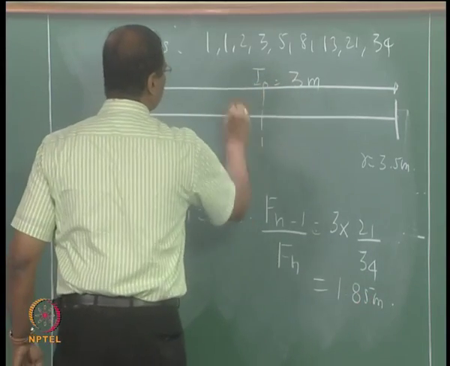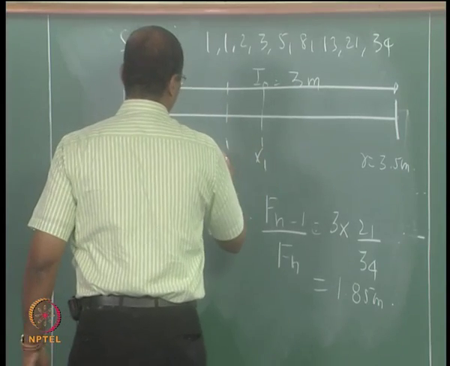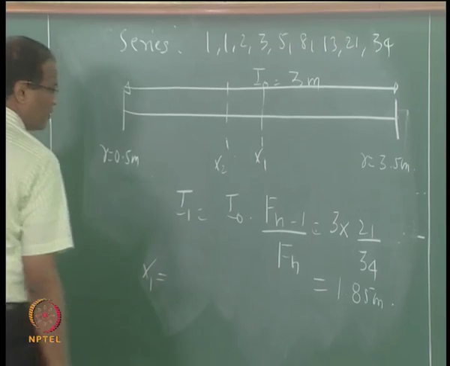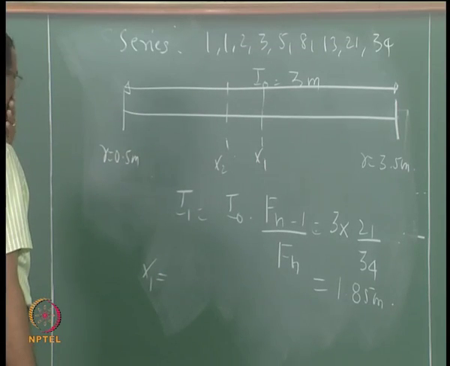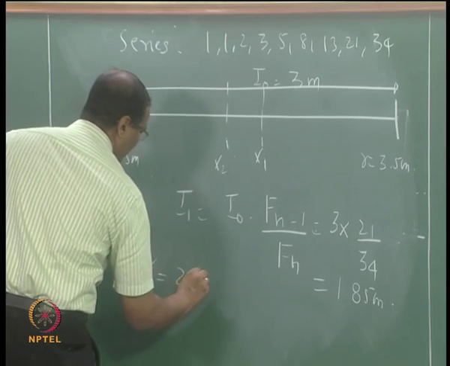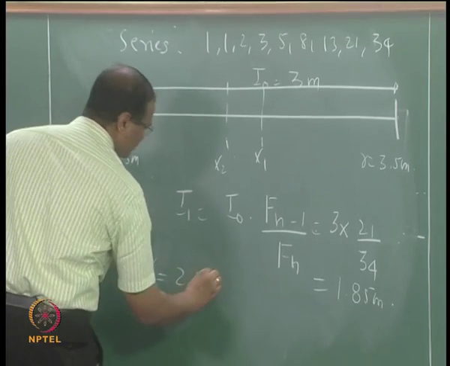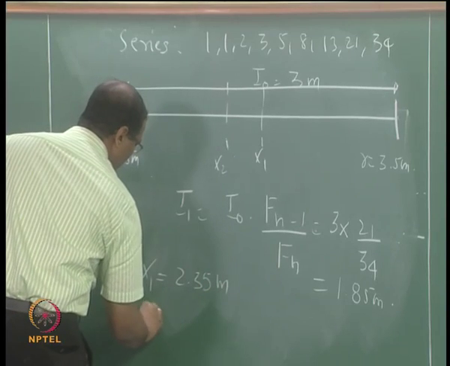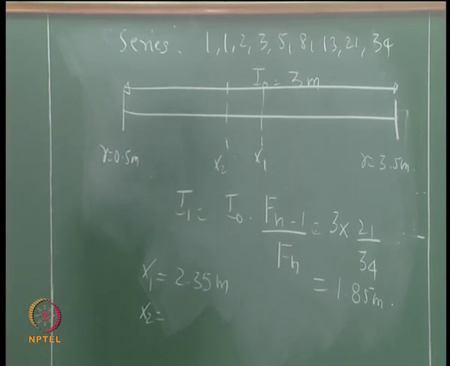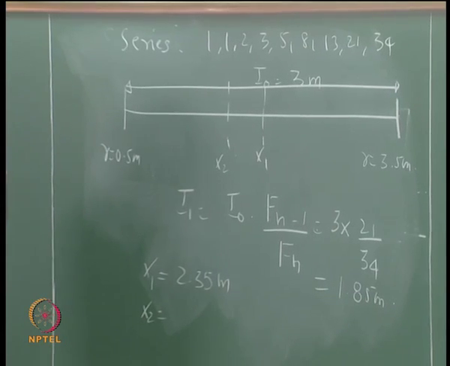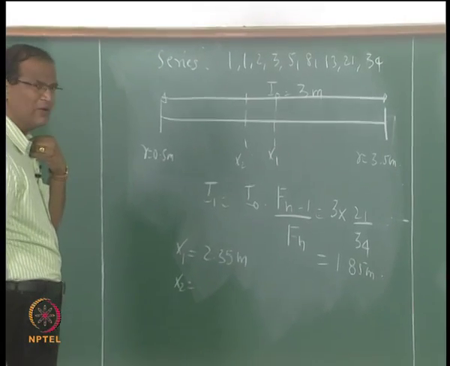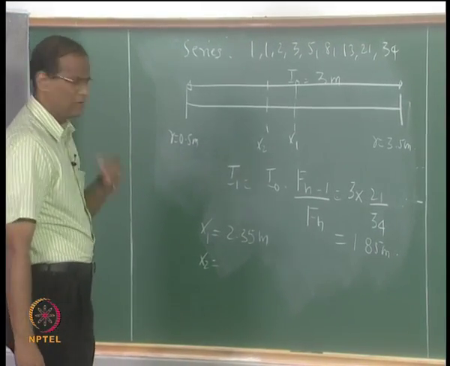So choose 2 points, x1 is 2.35, x2 is how much? 1.65, correct.